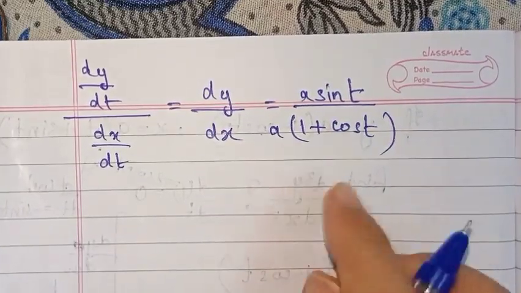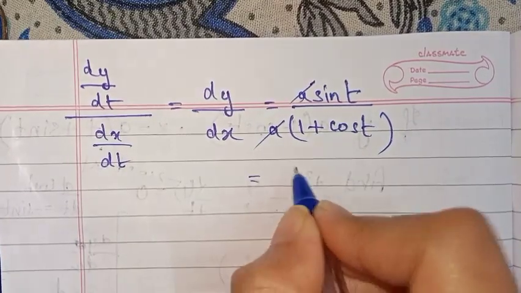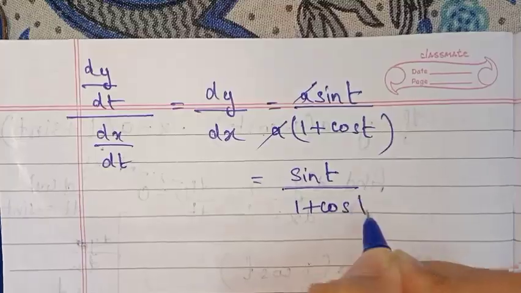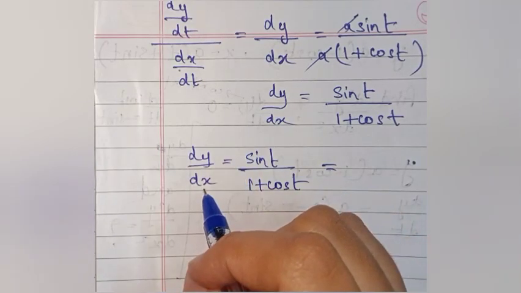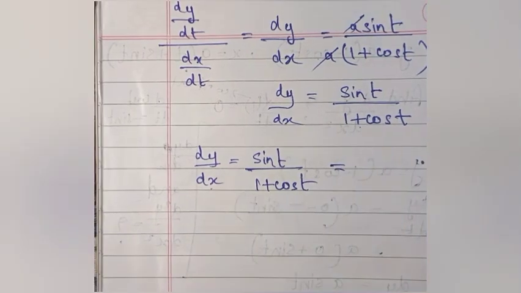The a cancels, and we get sin t by 1 plus cos t. We already got dy by dx, that is sin t by 1 plus cos t. So we have to simplify it.